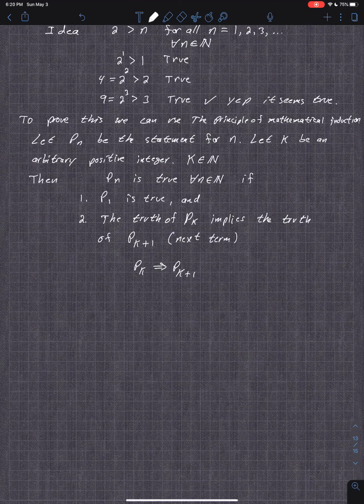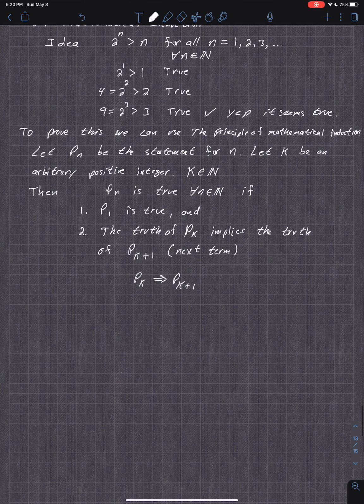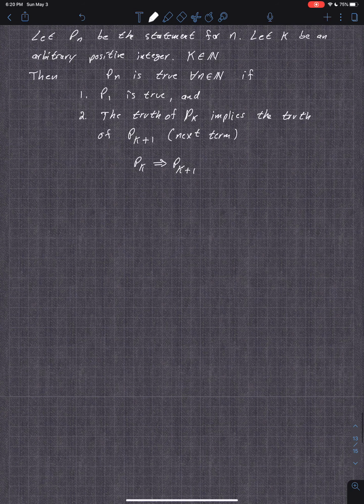All right, so let's look at the example we just looked at, and we'll see the steps in the proof. So prove by PMI, principle of mathematical induction, 2 to the n is greater than n for all n in the naturals.